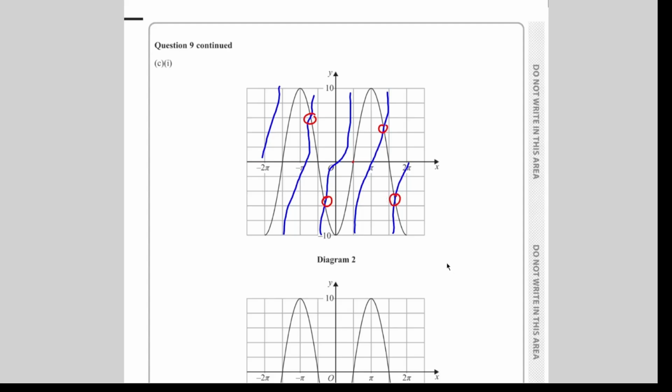For pi, 1 intersecting point. For 100 pi, 100 intersecting points. Then for 200 pi, 200 intersecting points.